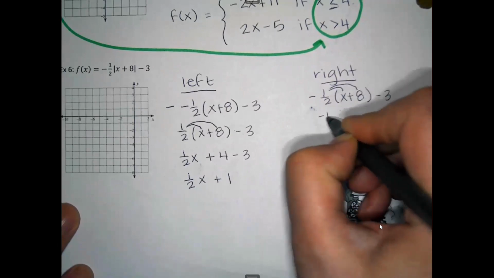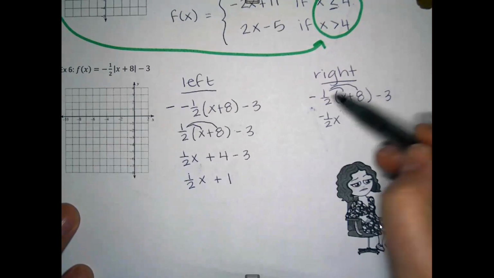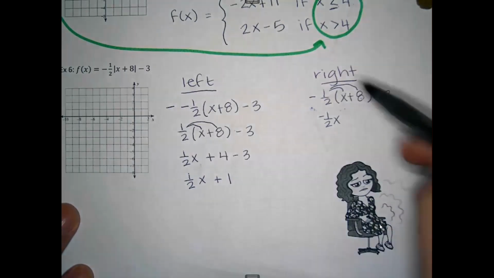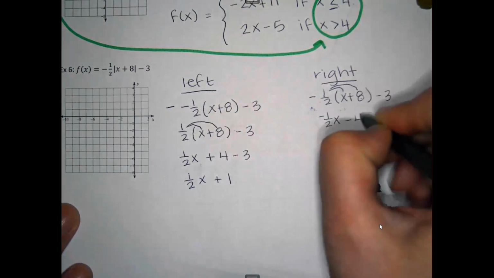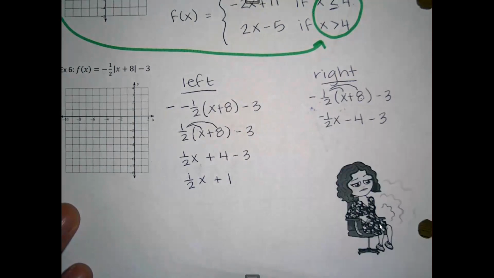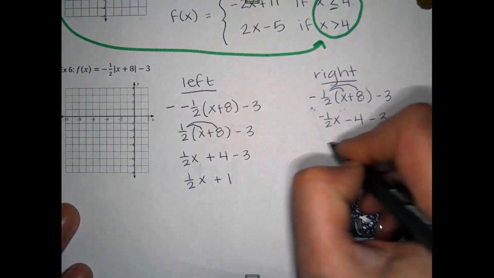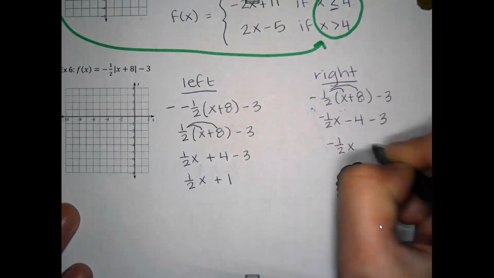So negative 1/2 x. We said 1/2 of 8 is 4. What is negative 1/2 times 8? Negative 4. And then we have negative 4 and negative 3. Negative 1/2 x minus 7.